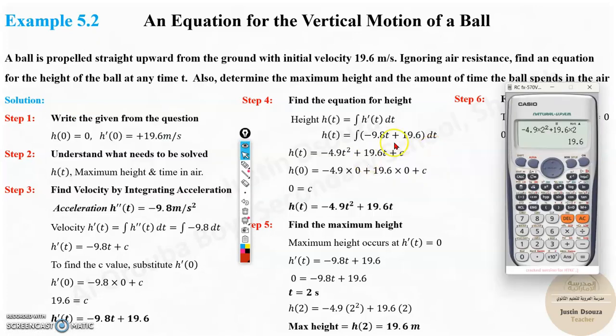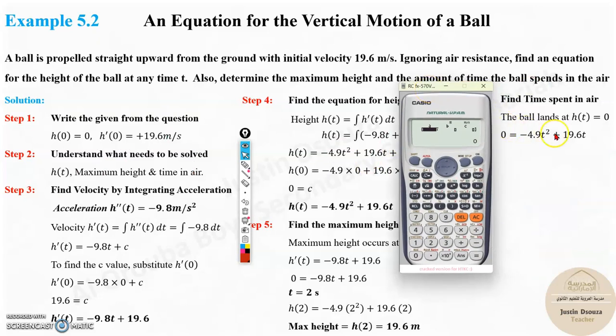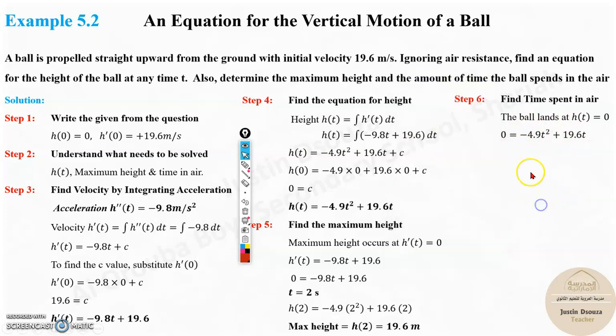So just put it in the calculator, in polynomial mode with degree 2. What is before t squared? It is minus 4.9. What is before t? 19.6. What is the last constant value? Nothing is there, so it's 0. And one side must be equal to 0. The answer is t equals 4 and 0. See, it's at 4 and 0.